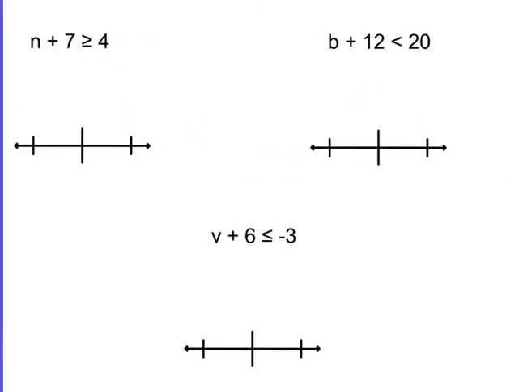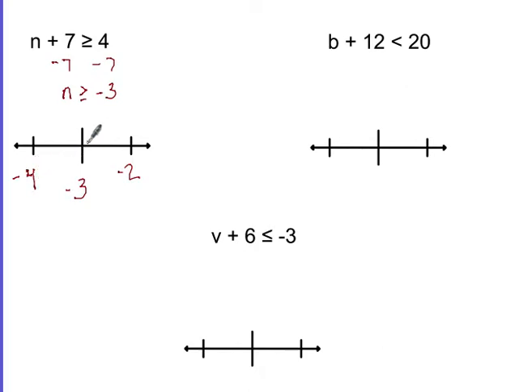All right. N plus 7 is greater than or equal to 4, so subtract 7. N is greater than or equal to negative 3. Be sure if you're graphing negatives that you put your numbers in the correct spot. What goes to the right of negative 3? Negative 2. And to the left?